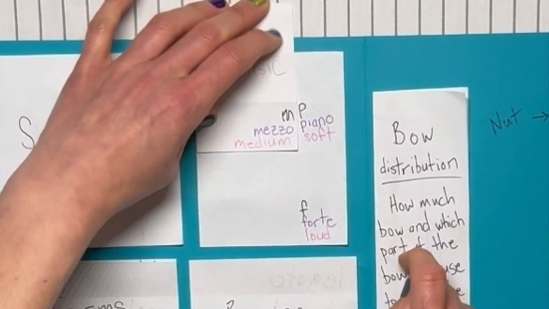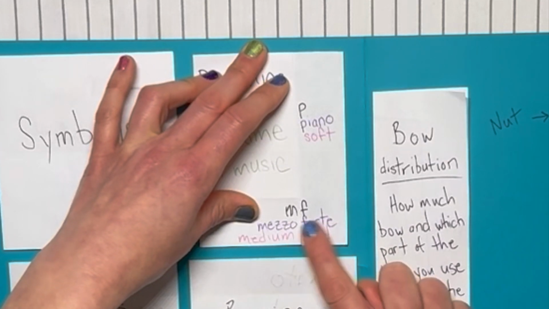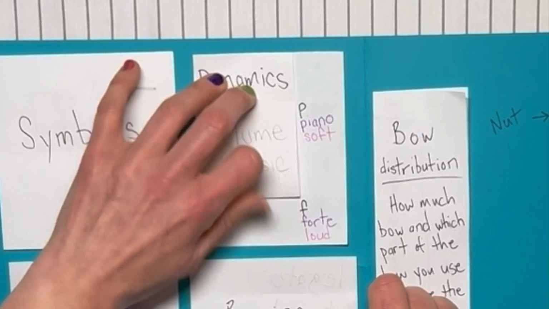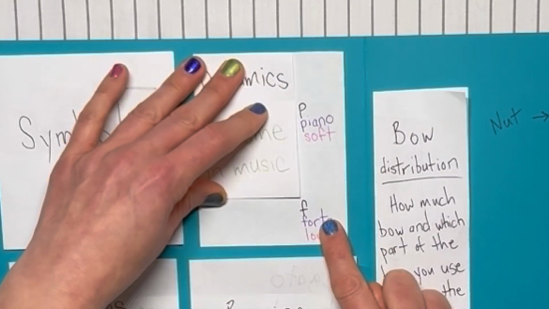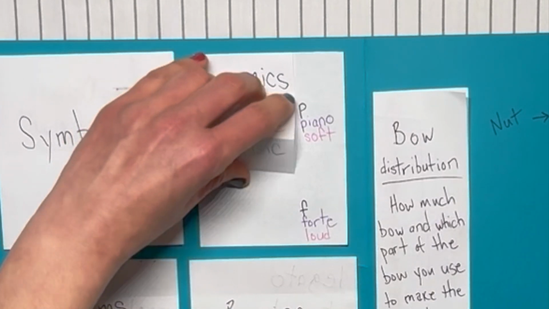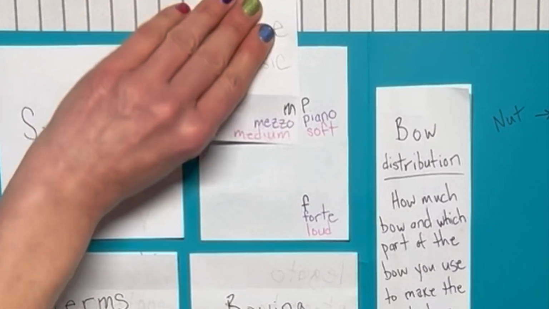It's not so loud. MF is mezzo forte, so we're getting kind of loud, medium loud, but not the loudest. And then F by itself is forte or loud. So now you know what those three letters mean, and you can practice putting them together in your book.